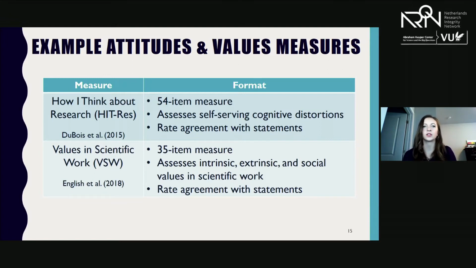It assesses those sorts of constructs. And then the second one, the values and scientific work, that's a 35-item measure that assesses intrinsic, extrinsic, and social values in scientific work. So those are just a couple of examples of different attitudes and perceptions-based assessments that you can use to evaluate your program.